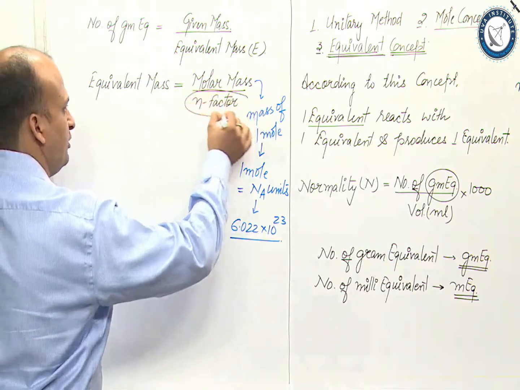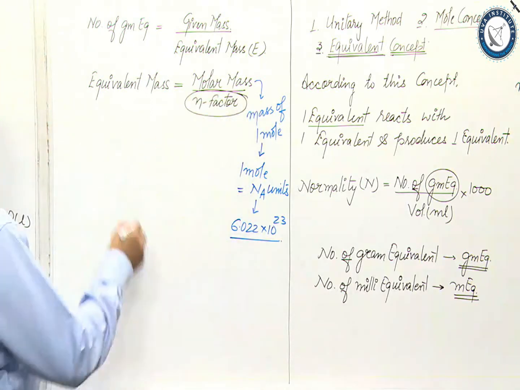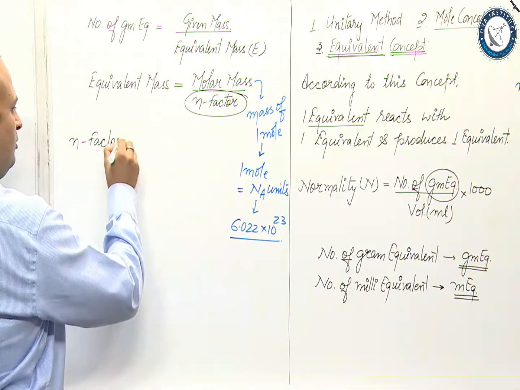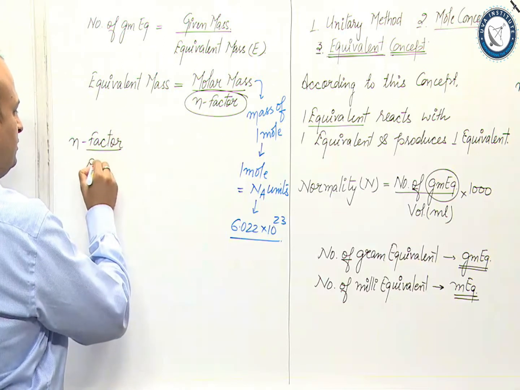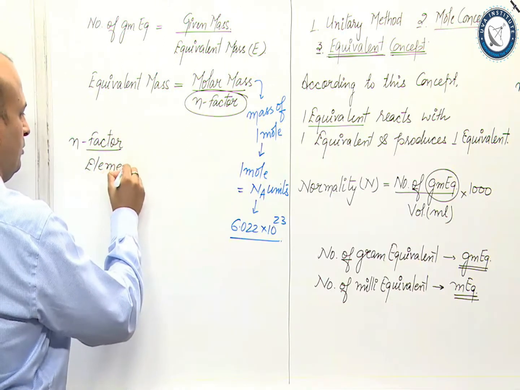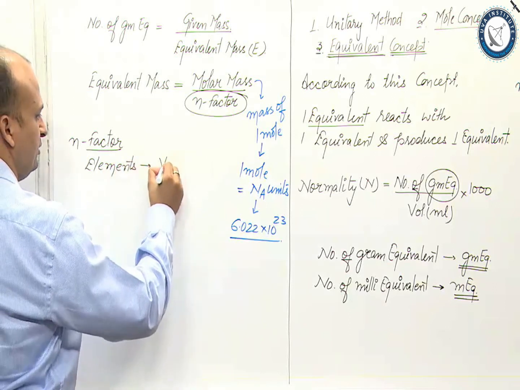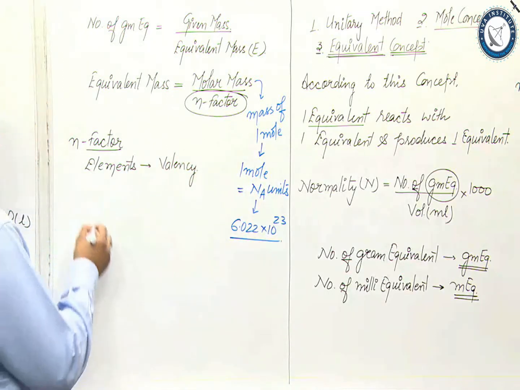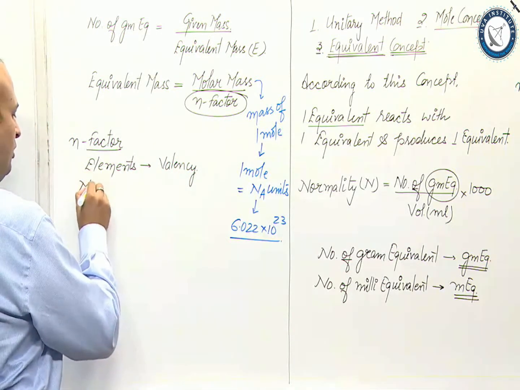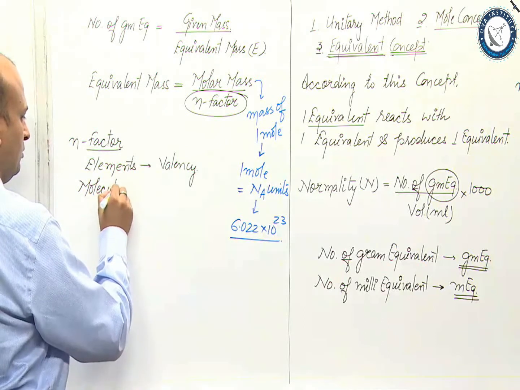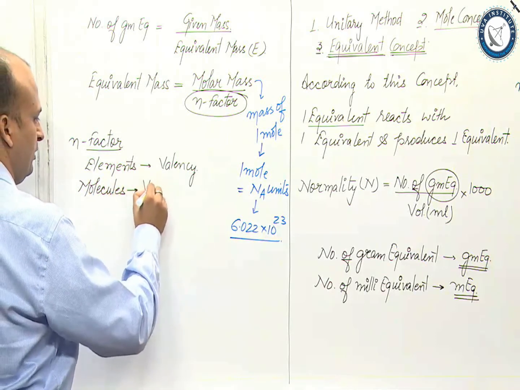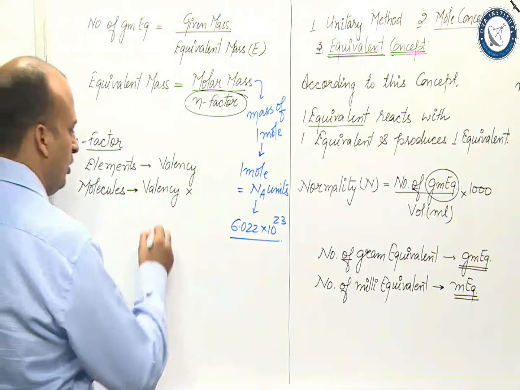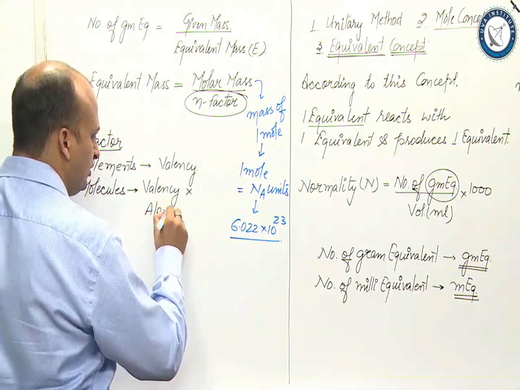So now I face one new term. What is n factor? So, n factor for elements is valency, that you call the combining capacity. For molecules, it is valency into atomicity. Atomicity is the number of atoms in a molecule.